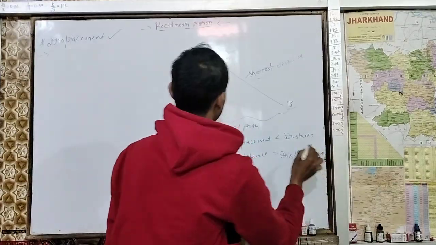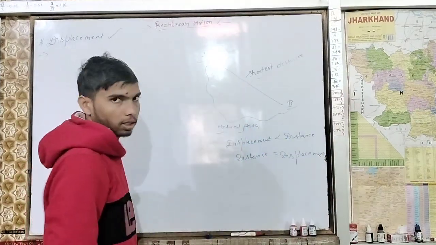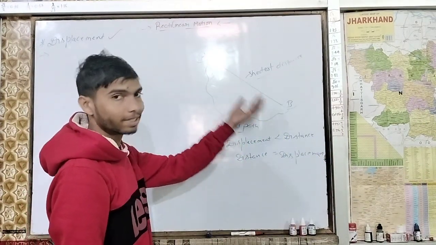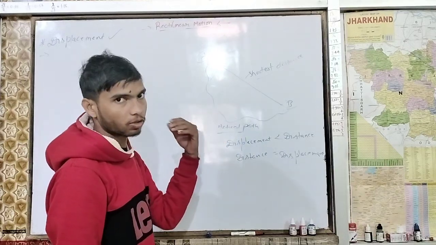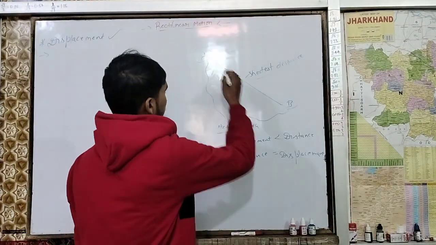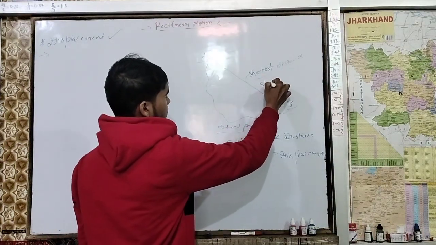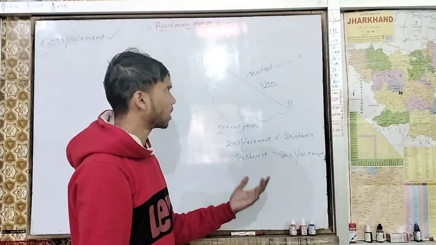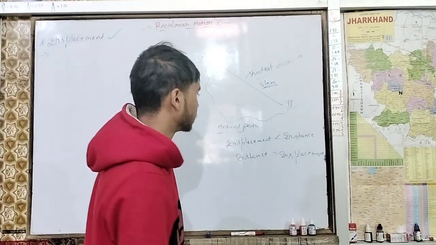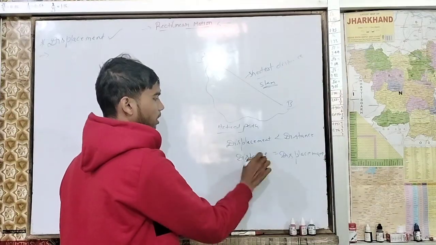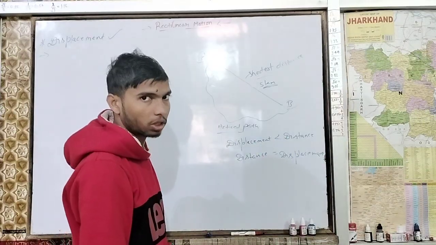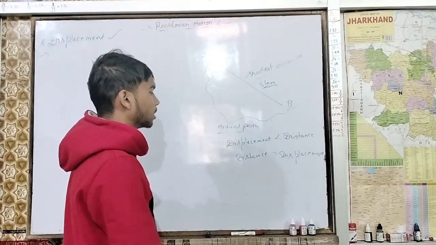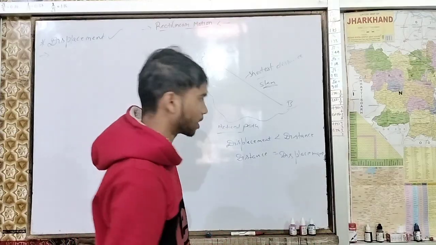How? Let's just say this is also our actual path. It is a straight line. So he will cover, let's say, 5 kilometers. So 5 kilometer distance, 5 kilometer displacement, both are equal. So this is the truth that distance can be equal to displacement.